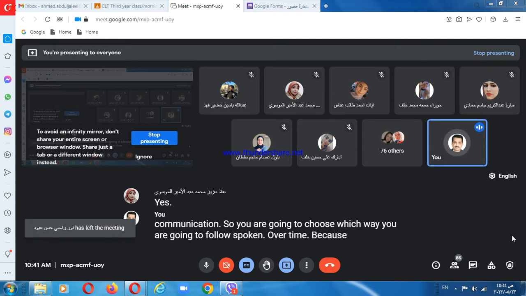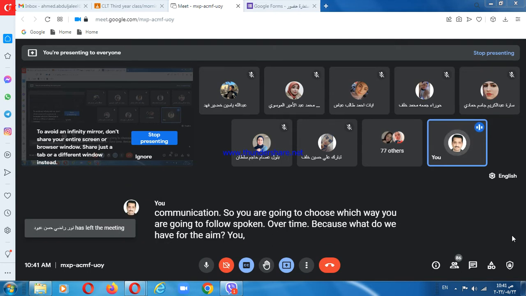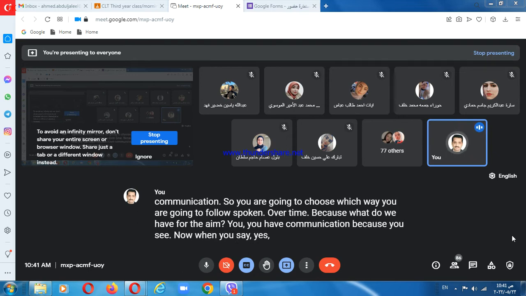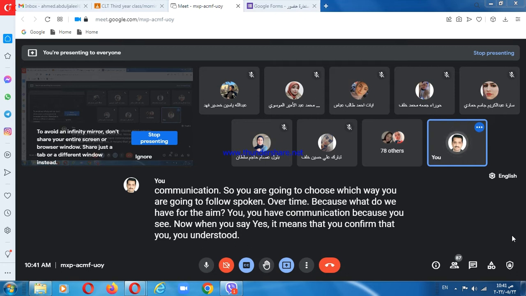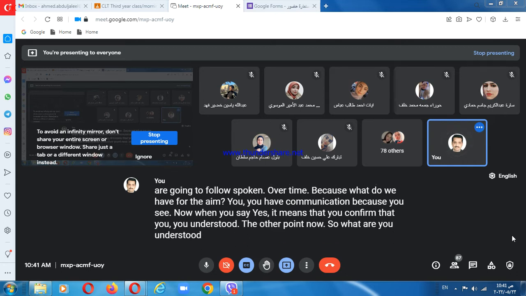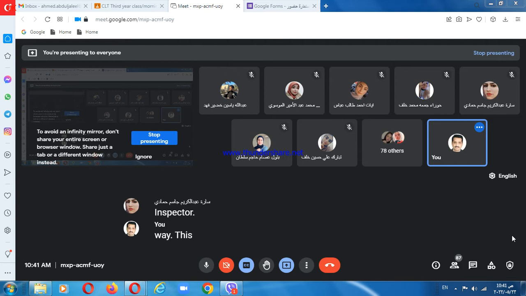Because what do we have as the aim? Communication. When you say yes, it means that you confirm that you understood. So whether you understood orally or through the orthographic representation, by the way, when I say orthographic, it means writing.